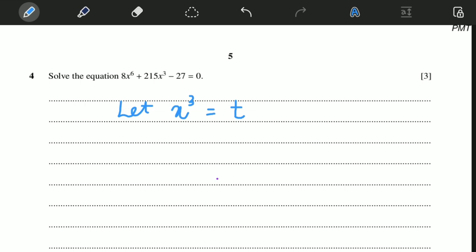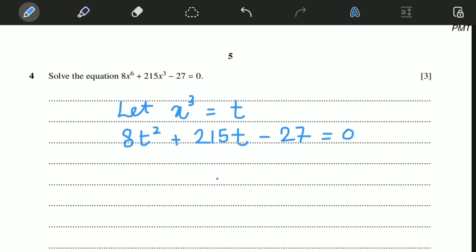Okay, so it will become 8t square, now because x cube is equal to t, plus 215t minus 27 equals 0.